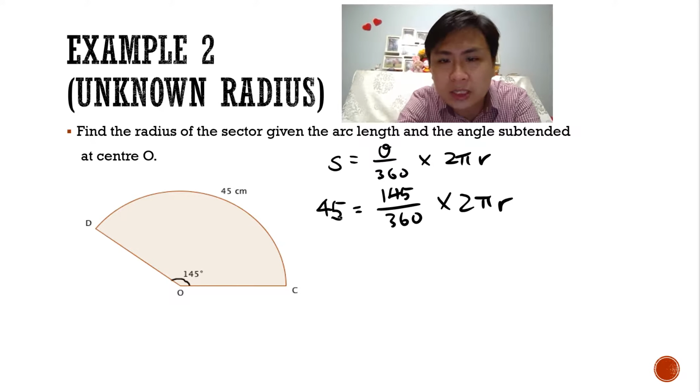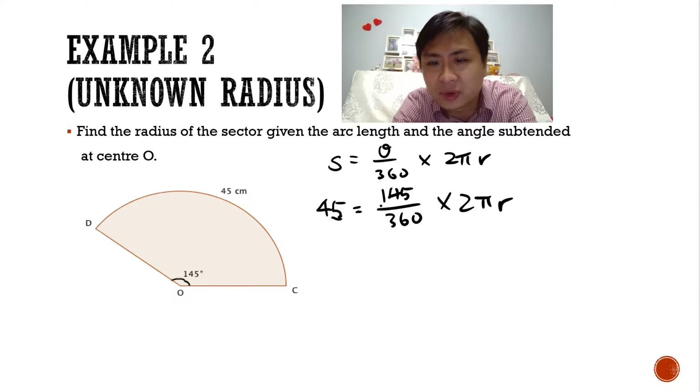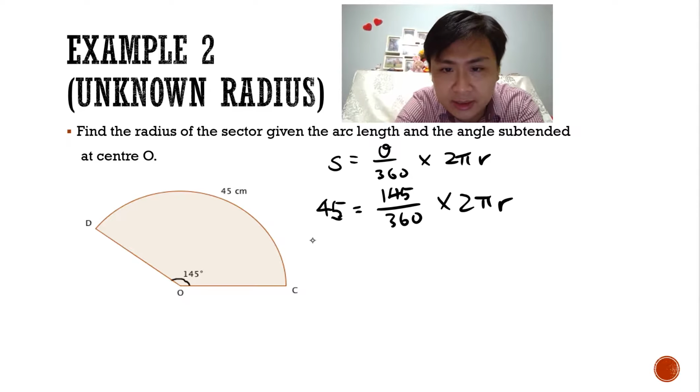Now, to calculate the value of r, first of all, we want to calculate all these given values first. We'll leave pi alone. So we'll just take 145 over 360 multiplied by 2. Right, and after doing our calculations, we'll get a value of 29 over 36.